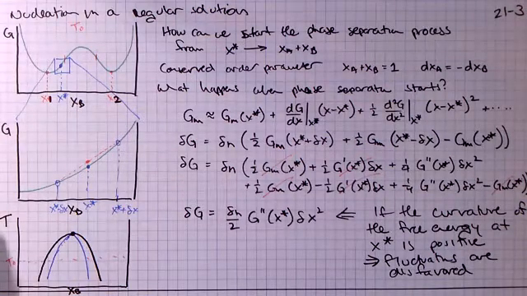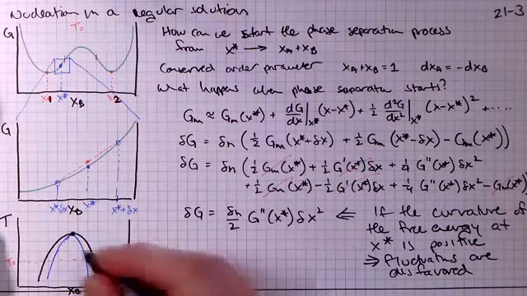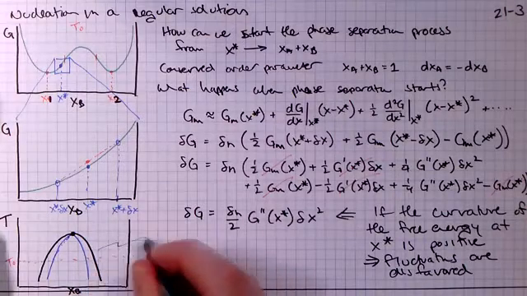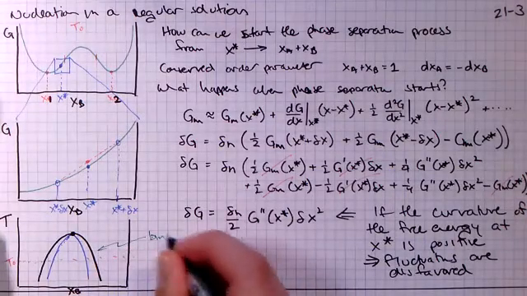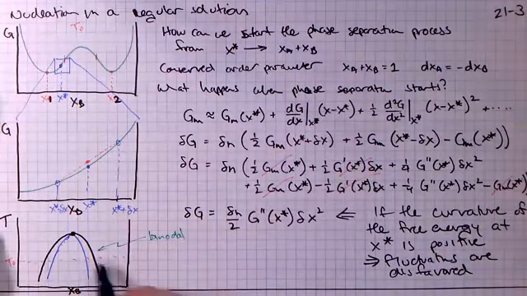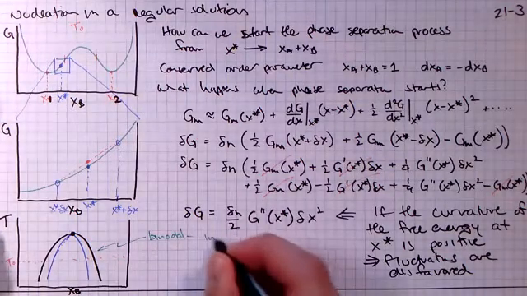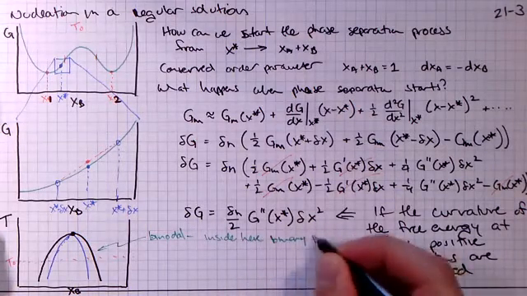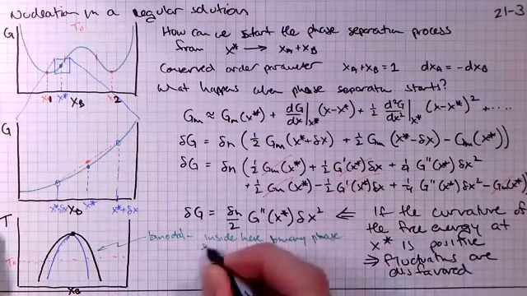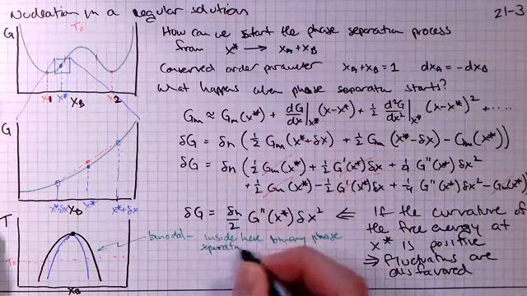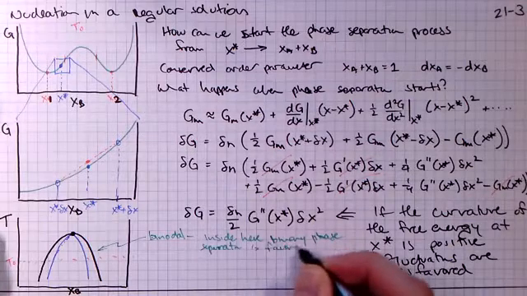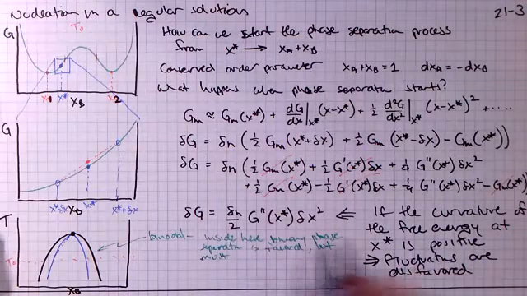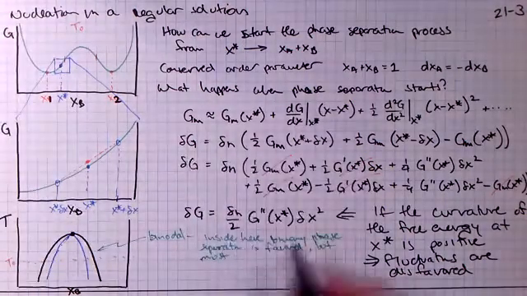And so these lines have special meaning. This line out here is called the binodal. That is, inside there binary phase separation is favored but must nucleate. That is, you have to get a big enough fluctuation that you can create the second phase.